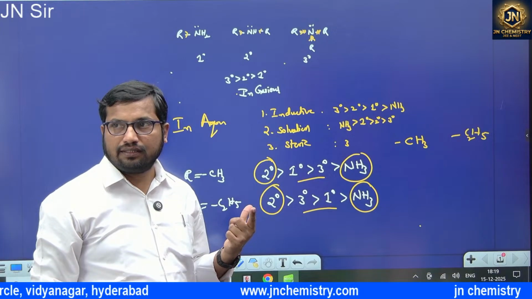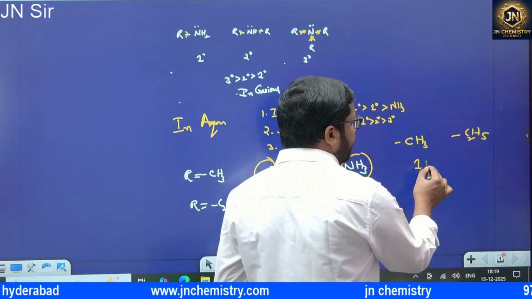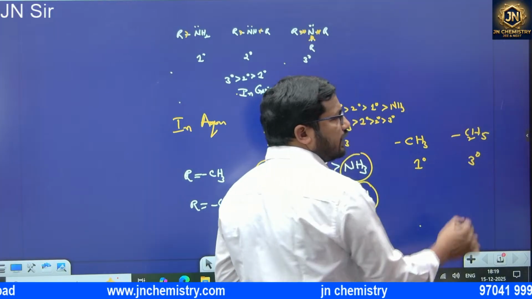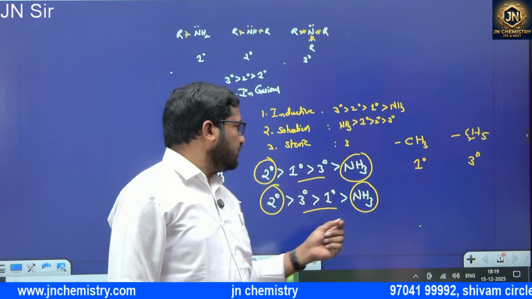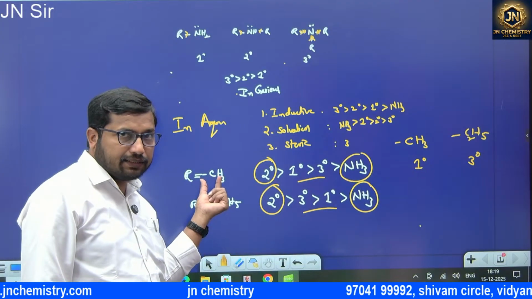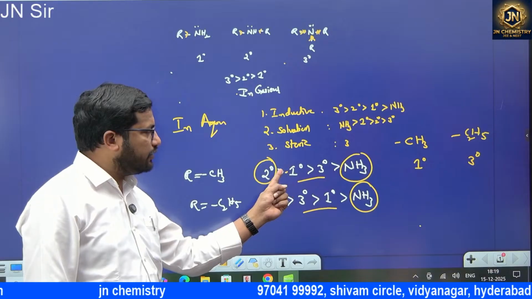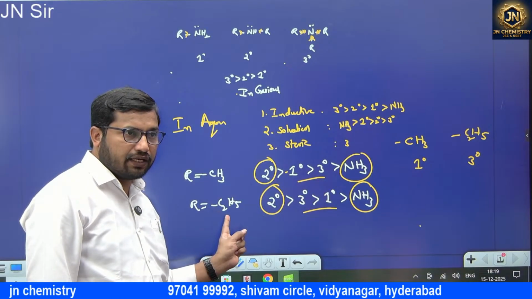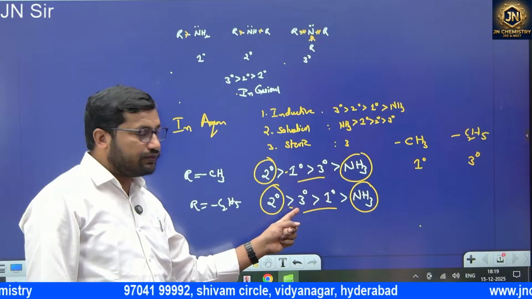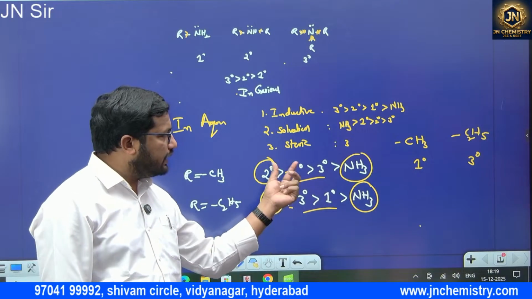Among 1 degree and 3 degree, 1 degree is smaller and 3 degree is bigger. So whenever methyl is coming, methyl means smaller, so after 2 we give more priority to 1: 2, 1, 3. Whereas in the case of ethyl, it is the bigger one, so 3 degree gets priority: 2, 3, 1.